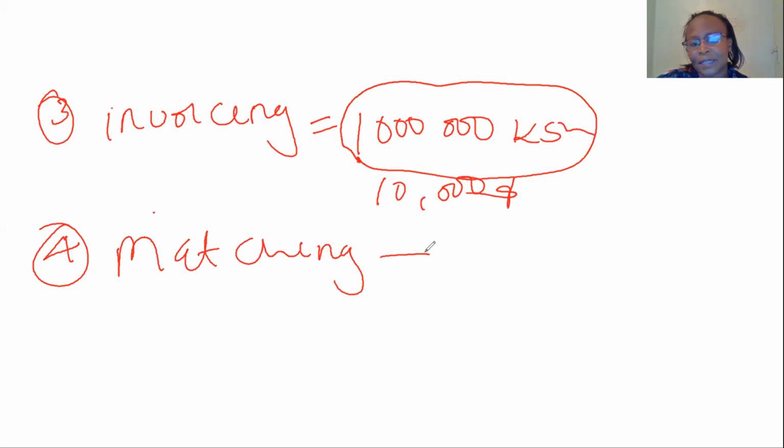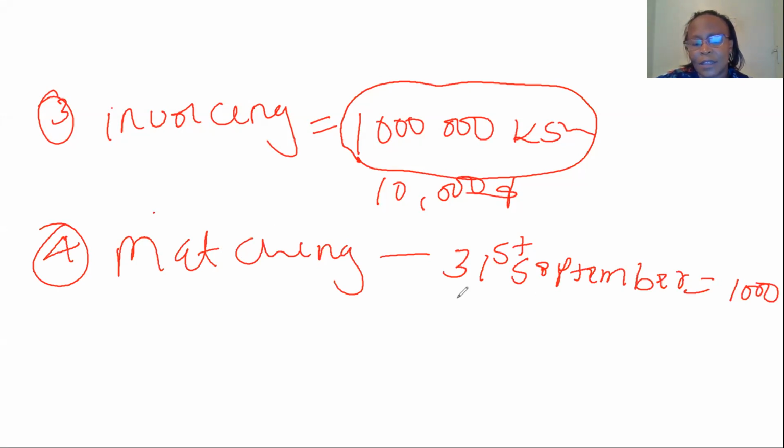What does matching mean? You make sure that if I have received raw materials, I'm supposed to pay on 31st of September 10,000 US dollars. Those are raw materials, so that's a payable. I'm supposed to pay. Someone is joining the class. So if I've received an invoice, I'm supposed to pay on the 1st of December.